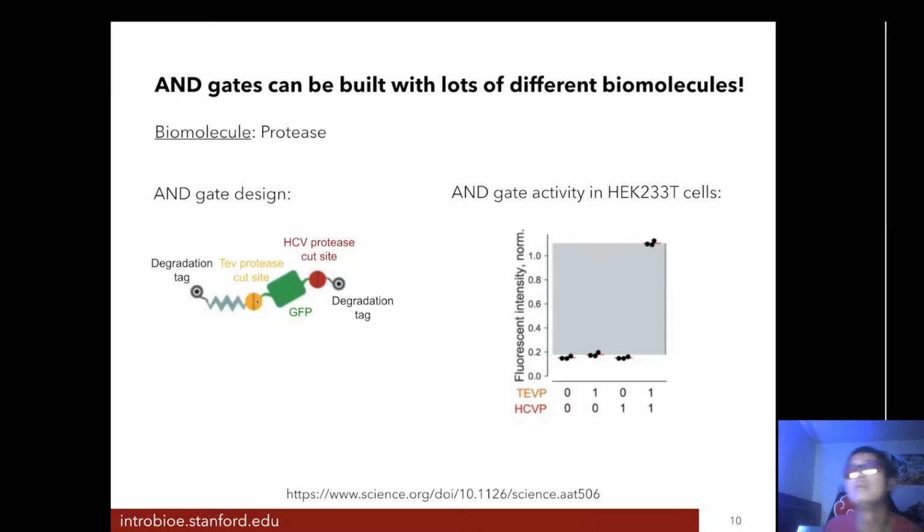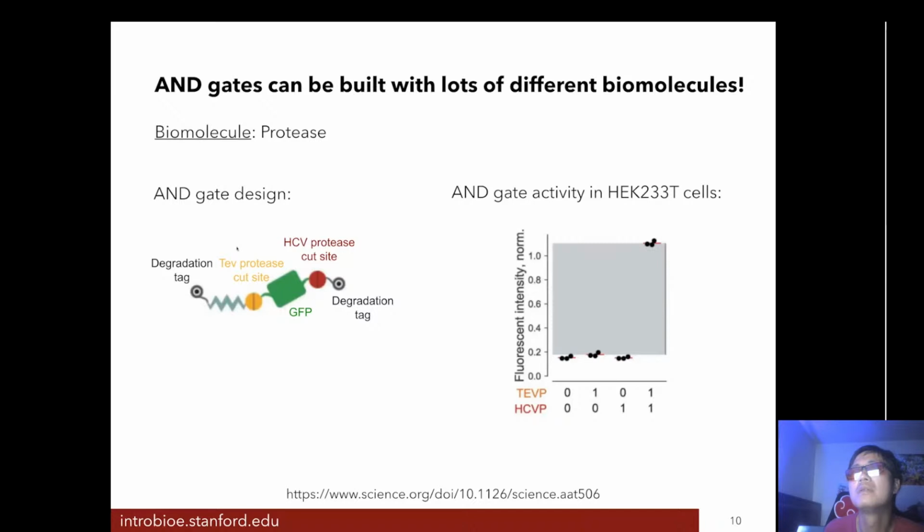So you never see fluorescence signal in a cell, even though it's making GFP protein, because the protein is so quickly chewed up. Now, the TEV protease is going to be expressed in response to your first input, and it will cut the protein just upstream of the GFP part so that it removes the degradation tag. It will essentially cut off this degradation tag. Your second input is going to be this HCV protease, and it will cut off the other degradation tag.